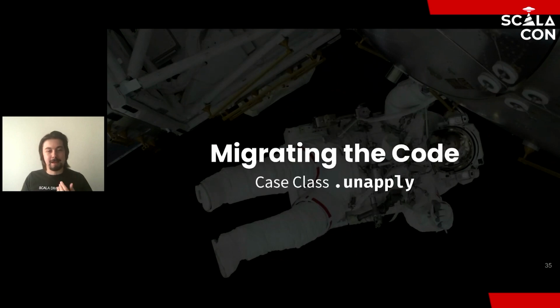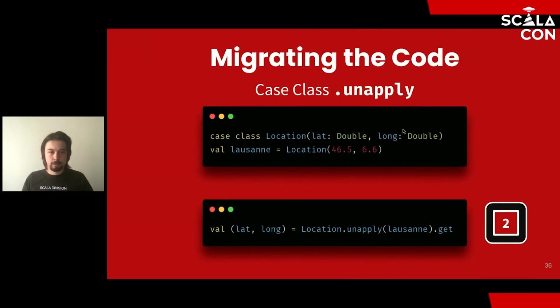Let's take a look at one kind of interesting example of source code incompatibility that you would need to change, which is the unapply method on a case class companion object. So let's say we declared a case class Location, and we create a value Lausanne, which is the location where I am right now.